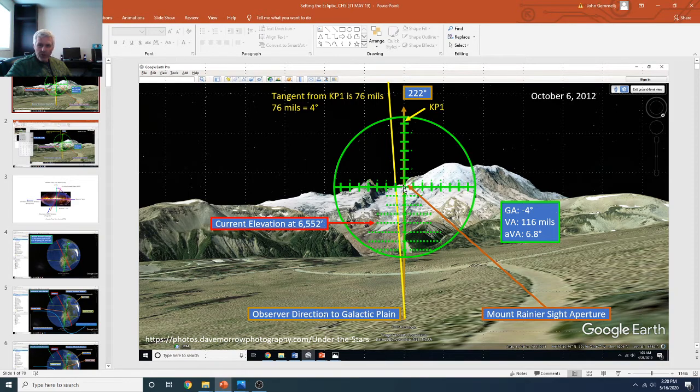So from down here at the center of my crosshairs, you go up 116, or you go basically, it's like what, 10, 20, 30, 40, 50, 60, 70. Well, I came up with 116 mils, so, well, that might be a boo-boo.